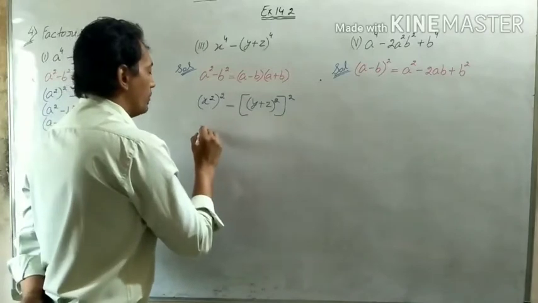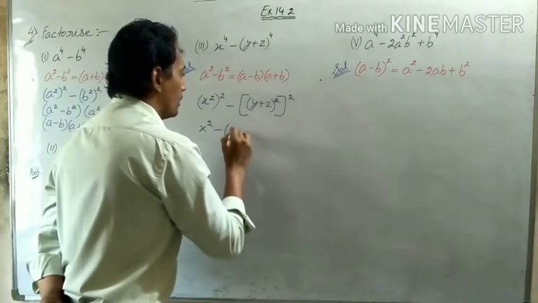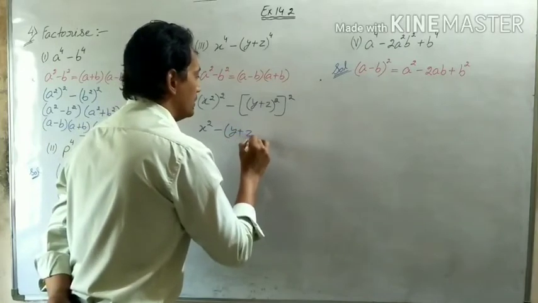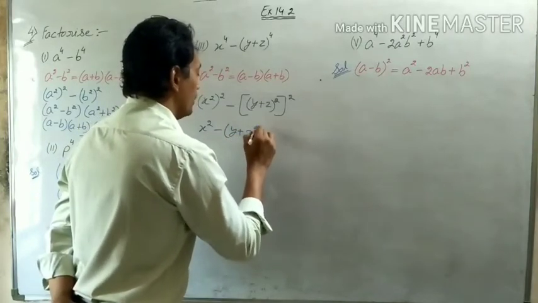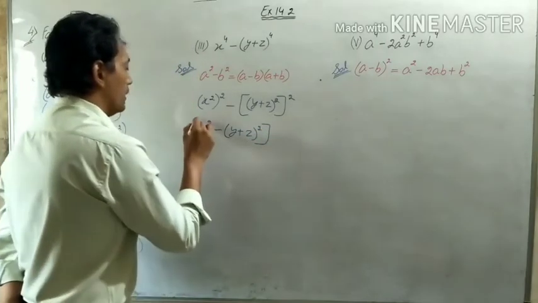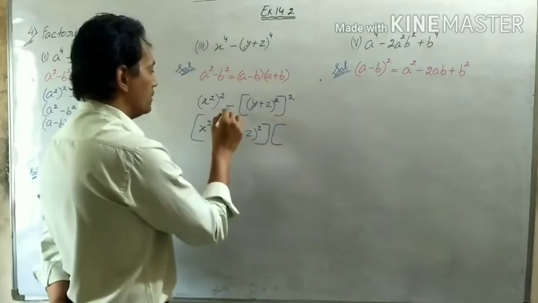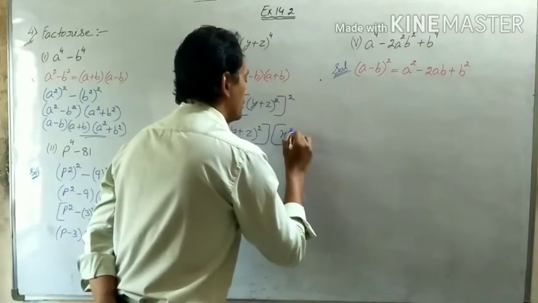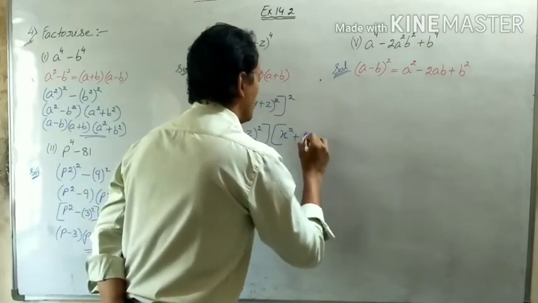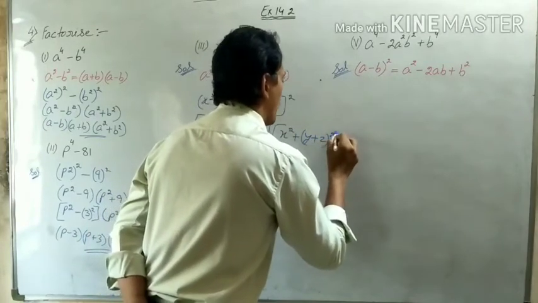So we have x square minus y plus z whole square in the bracket. Again we can write it as plus x square plus y plus z whole square.